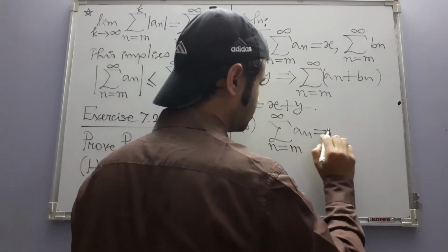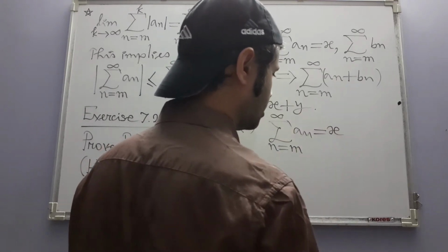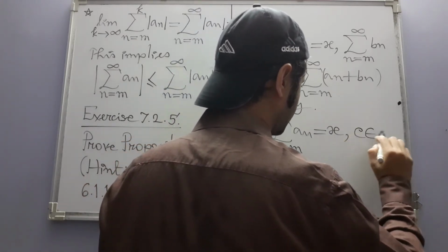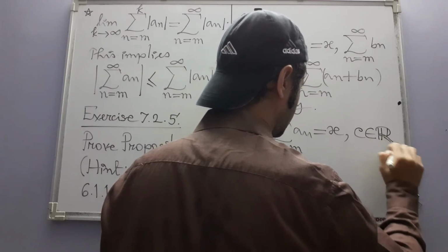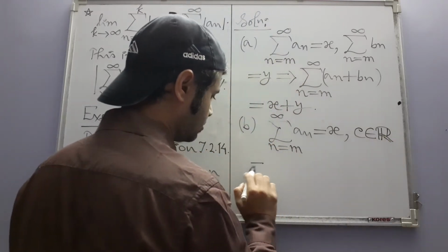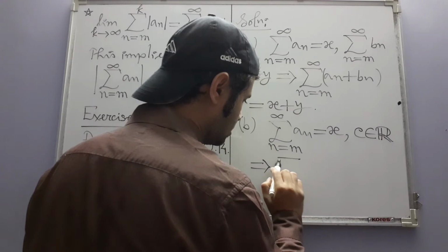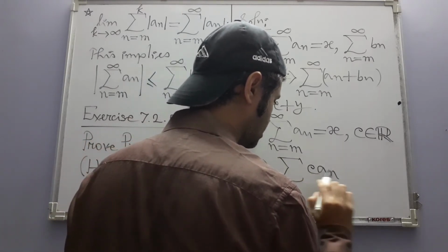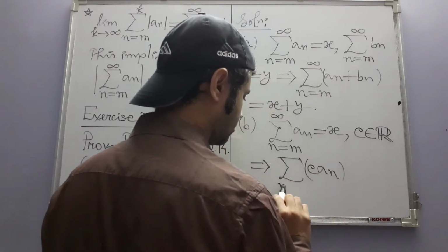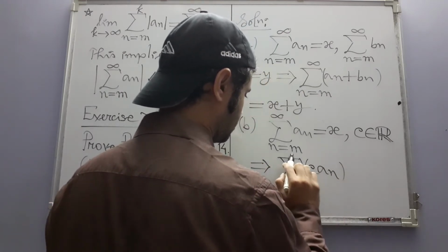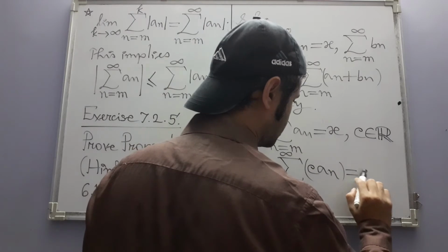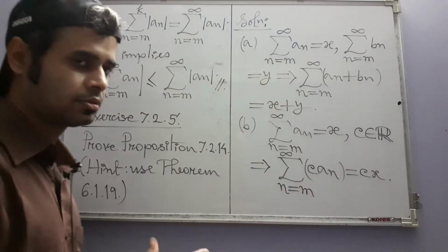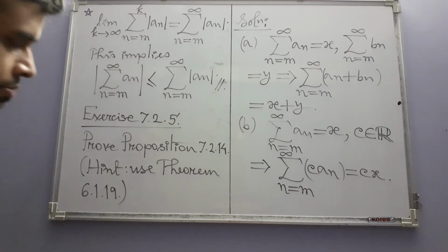It converges to the real number x, and we have some real number c. Then this series is also convergent, whose nth term is c times a_n, and its sum is just cx. So now we are going to prove these two things.